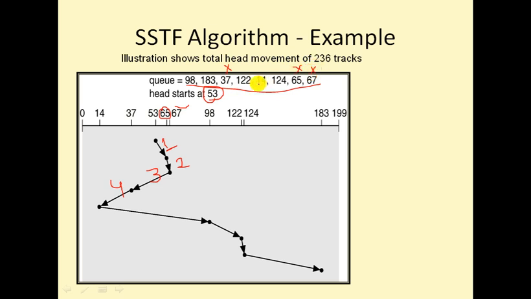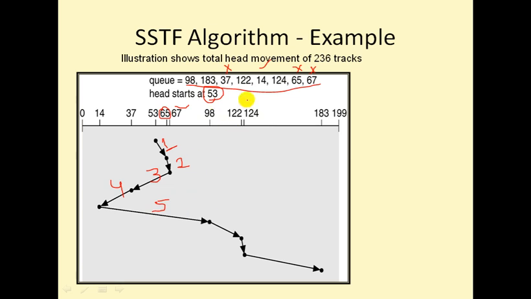We are at 14. From 14 the available track numbers are 98, 183, 122 and 124. Among those the nearest one is 98. So from 14 to 98 is my fifth move.